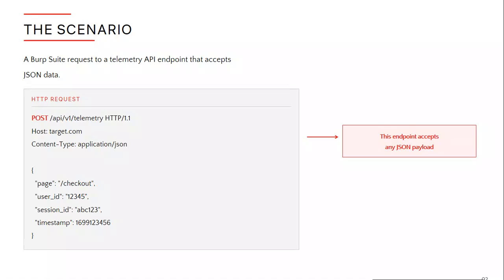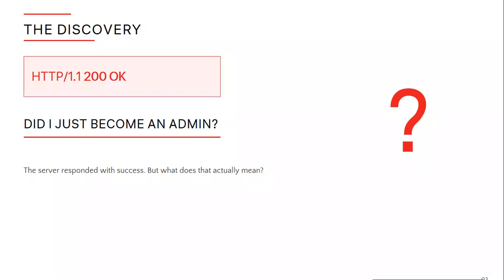Now, accepting it does not mean it actually processes the JSON payload. The discovery was that after posting that payload, I got an HTTP 200 OK. And I thought, wow, did I just become an admin? Did the server respond to me? Did it act on it? Did it process it on the server?